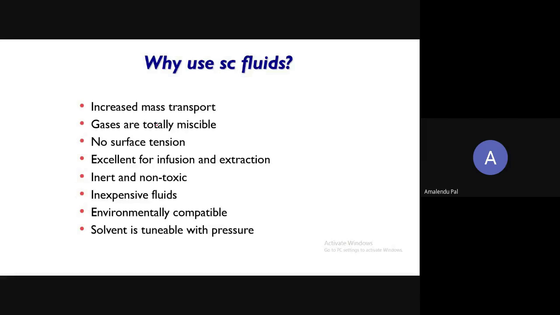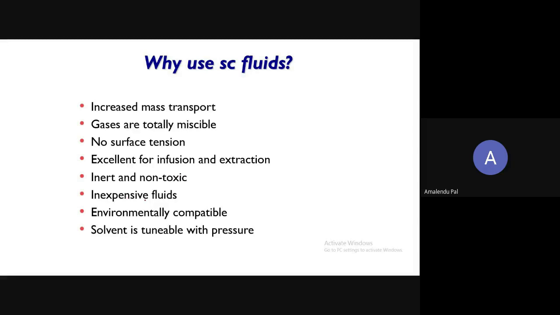But supercritical fluid has good characteristics. What are these? Increased mass transport. That is very good. Gases are totally miscible. That is also very good. No surface tension. Good. Excellent for infusion and extractions also. Inert, non-toxic. That is very good.